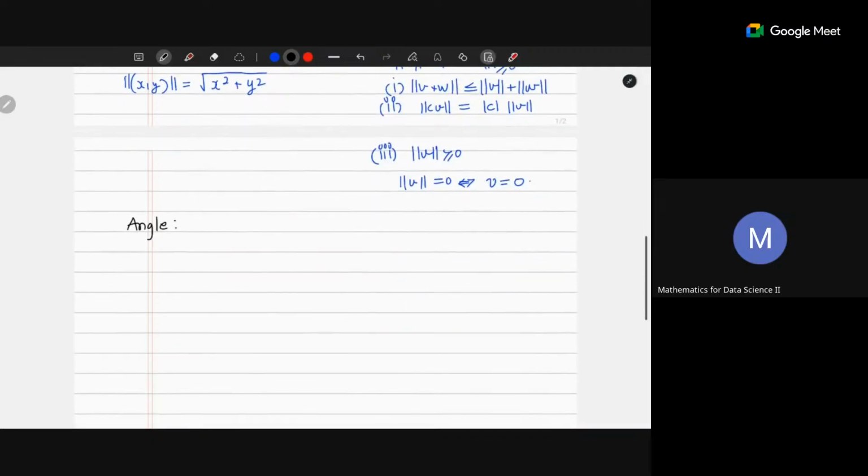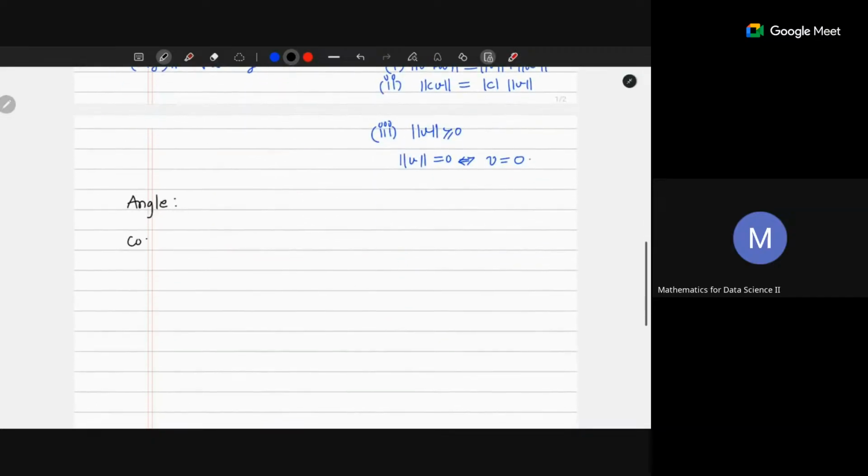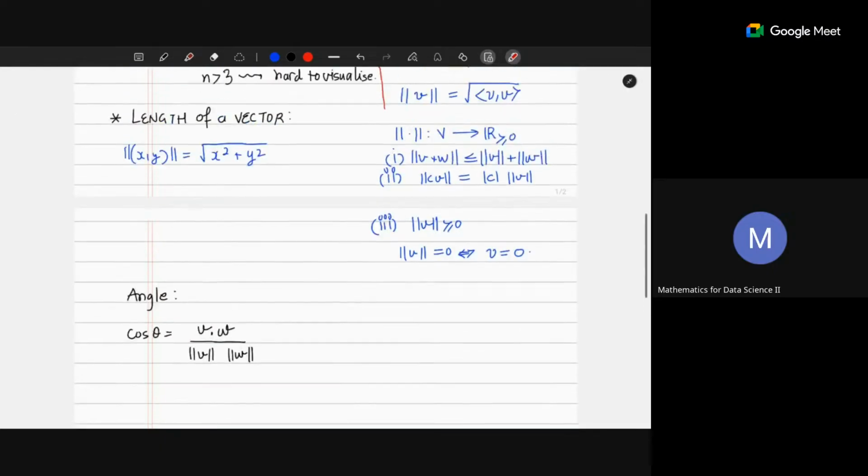The formula goes like this: cos theta is equal to the dot product of V and W divided by norm of V and norm of W. So this is how we find the angle between the vectors in the setup of the dot product.